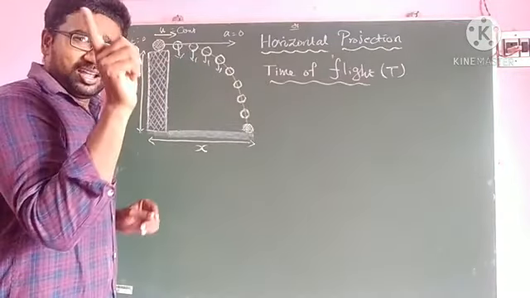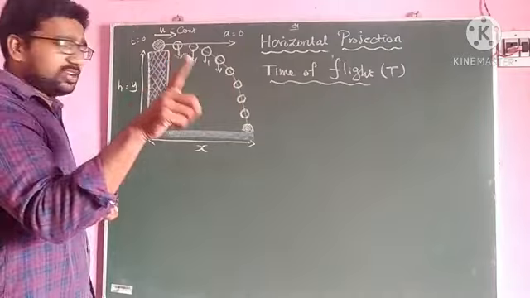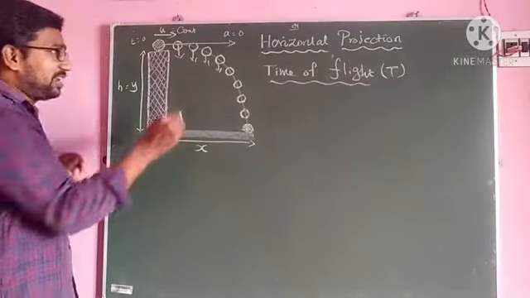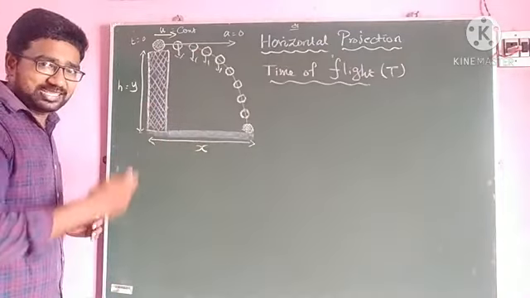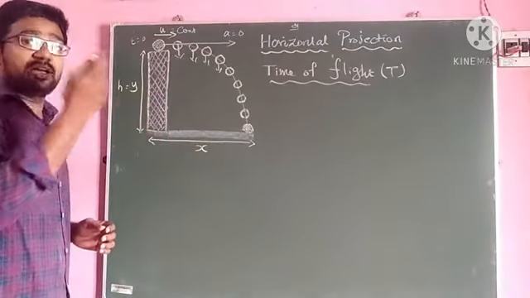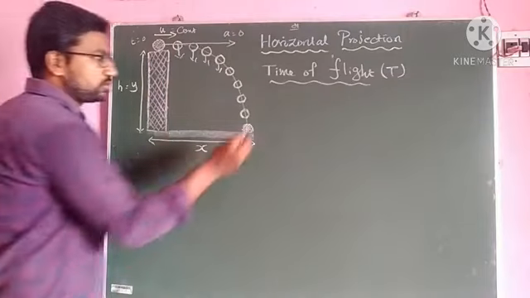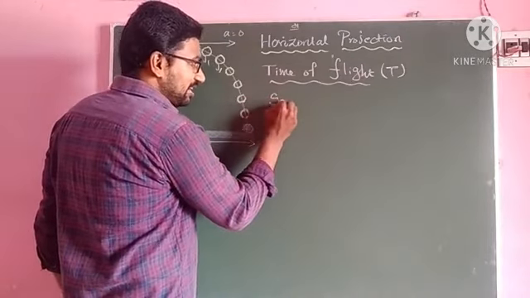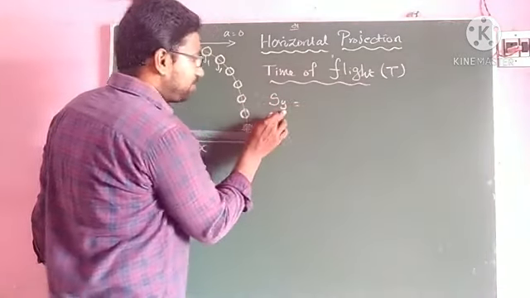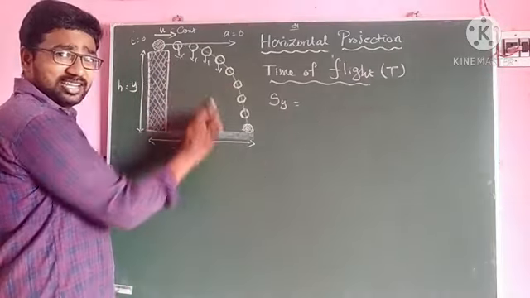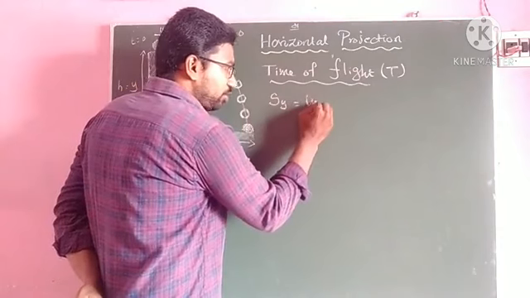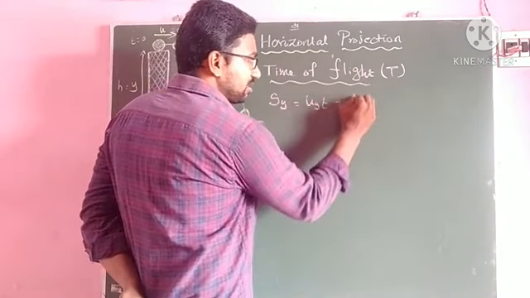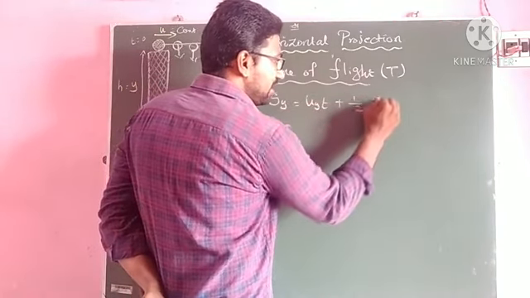The displacement of the particle, or the height of the particle, is along the y-axis alone, that is the vertical direction alone. So I am going to take the displacement formula in the vertical direction. Sy is equal to the displacement in the vertical direction. Sy is equal to Uy t plus 1 by 2 a t square.